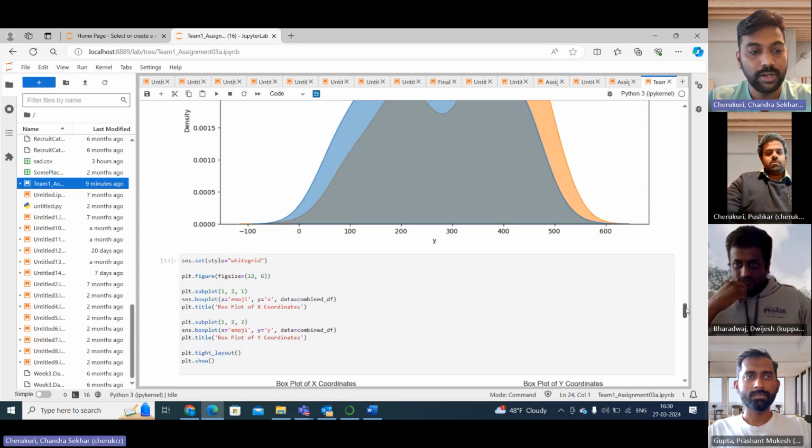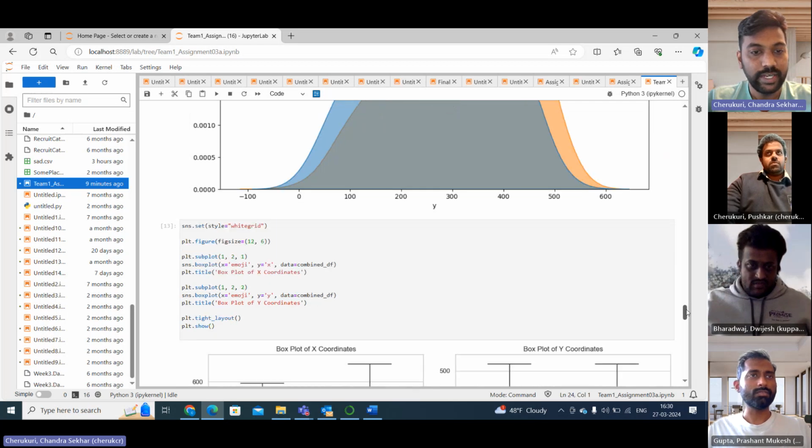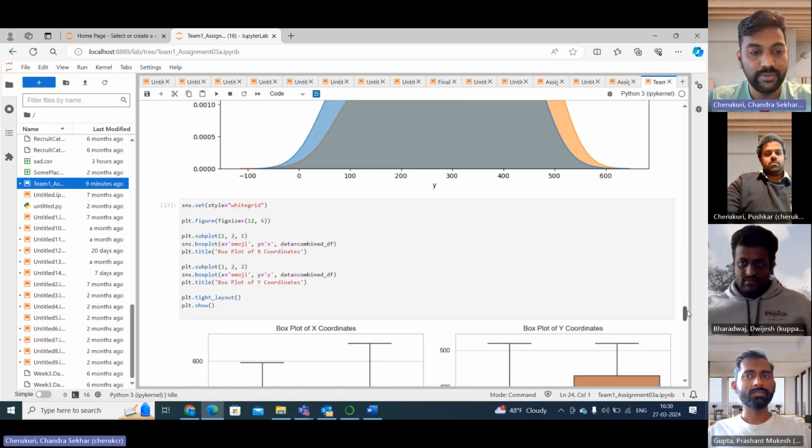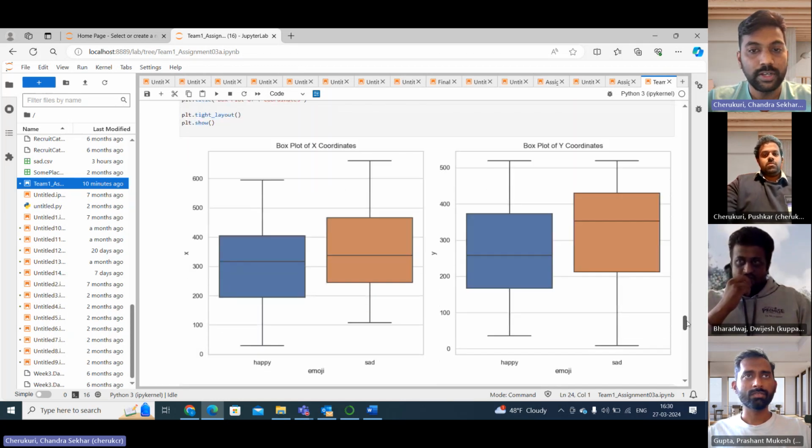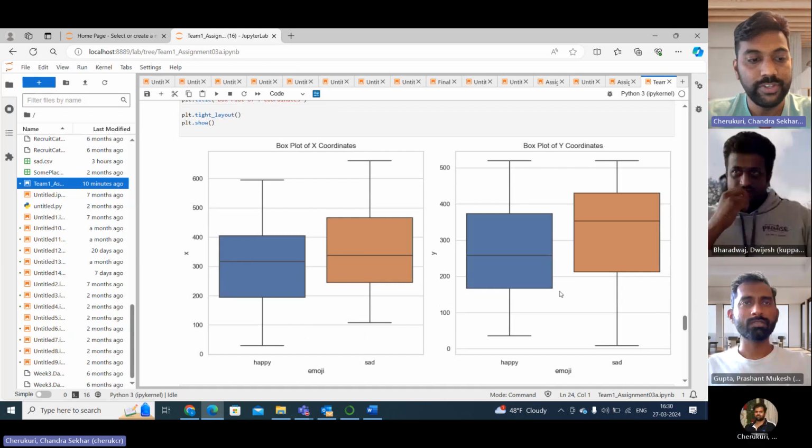And coming to the box plot, finally we used box plots and violin plots to examine the distribution and density of our data. The box plots provide a visual summary of the key statistics of the data, while violin plots combine the box plot and the kernel density estimate.